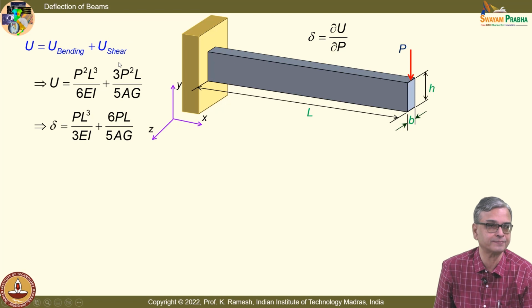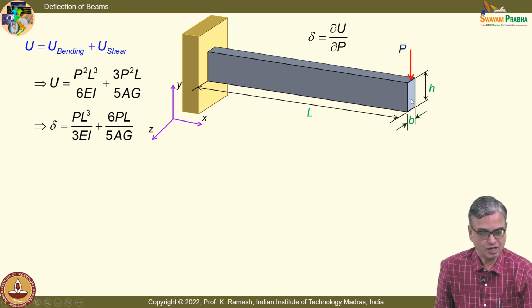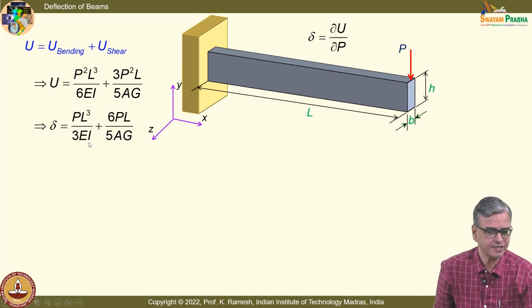shear deformation. In the last class, we got the deflection at the load application point of a cantilever as PL^3 by 3EI, which you get from integrating the moment curvature relation also. In addition, you have an extra term 6PL by 5AG.